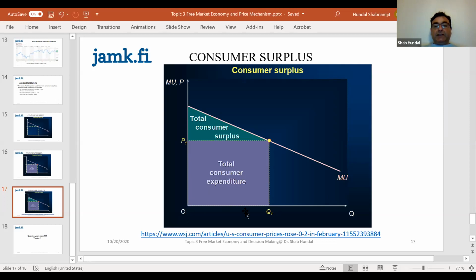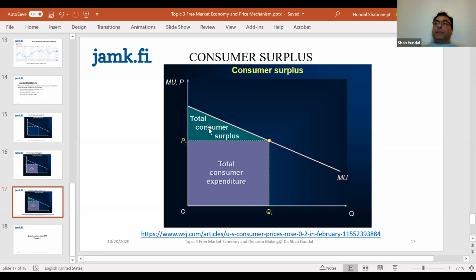And then you see that what you are willing to pay is this much, but what you are paying is this much. Therefore, there's a cut above, and this cut above in the green is your consumer surplus.